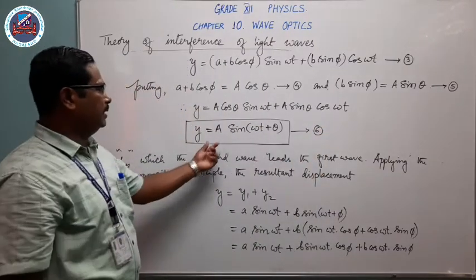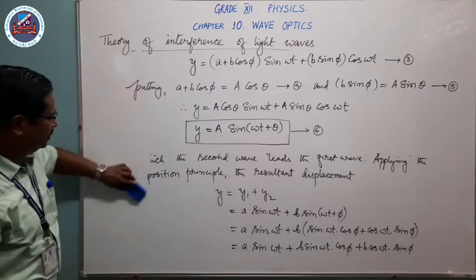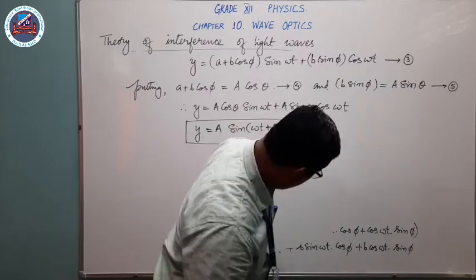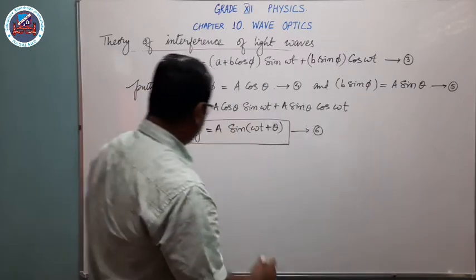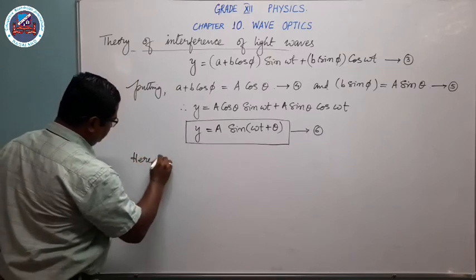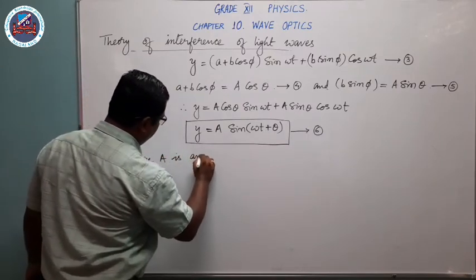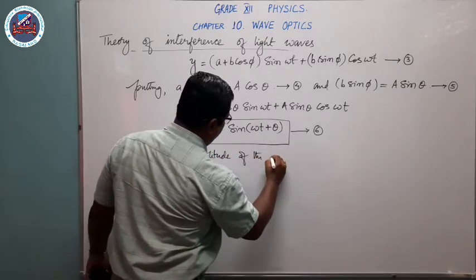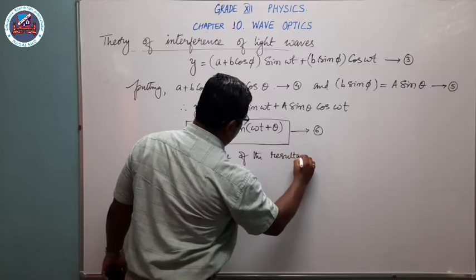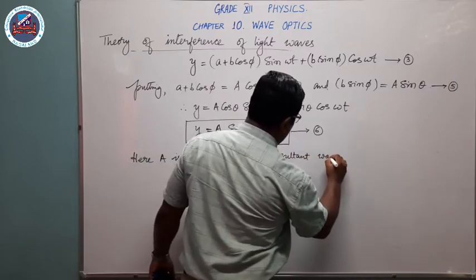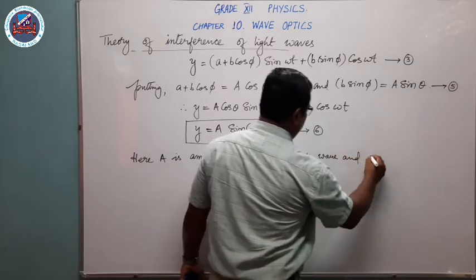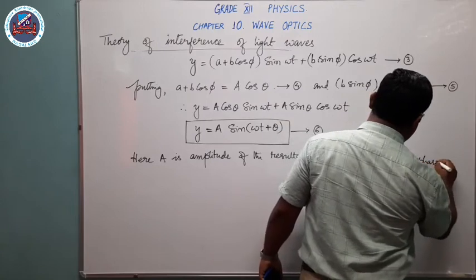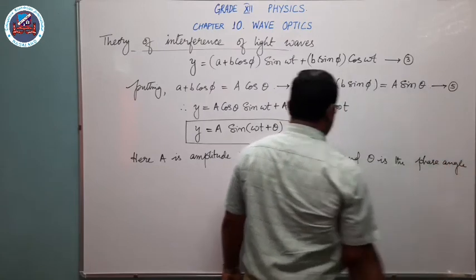Here you can see A is the amplitude of the resultant wave, and theta is the phase angle of the wave.